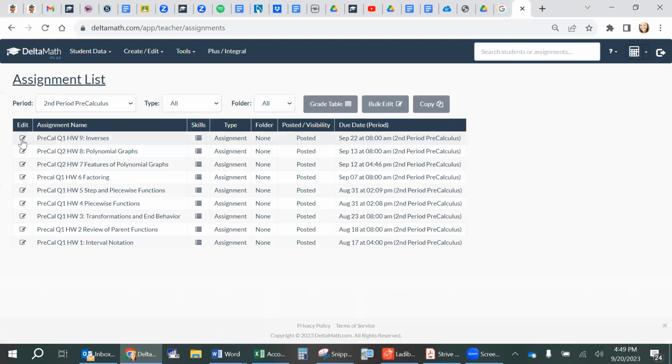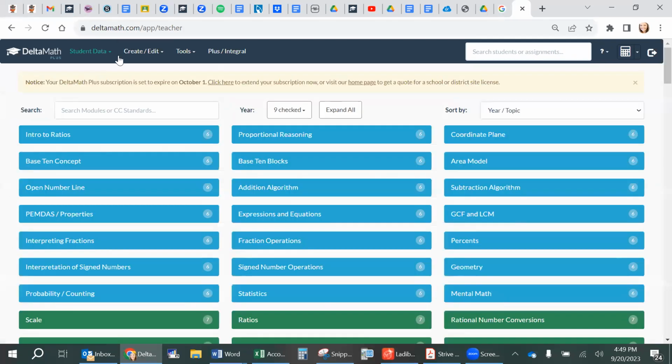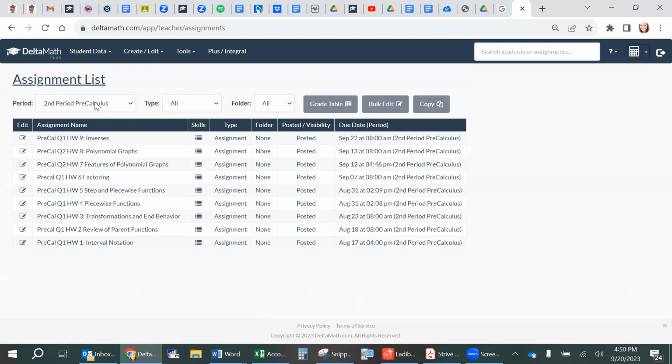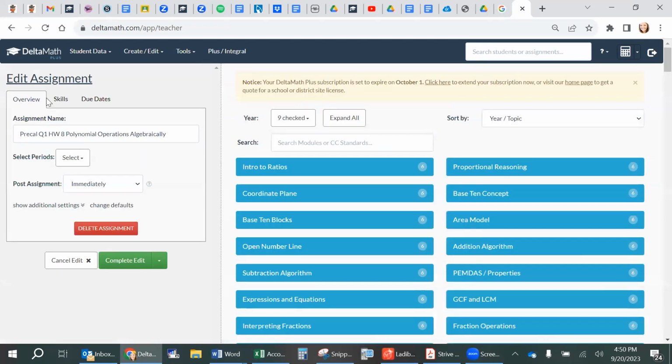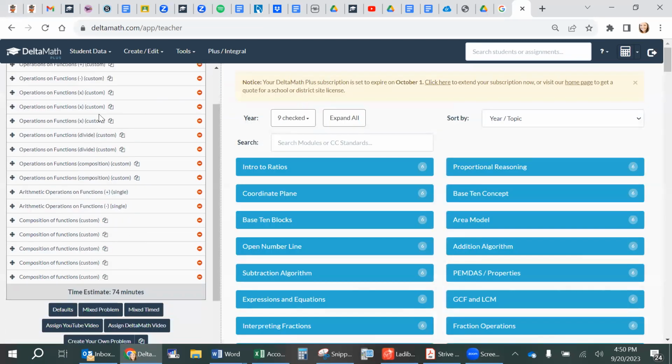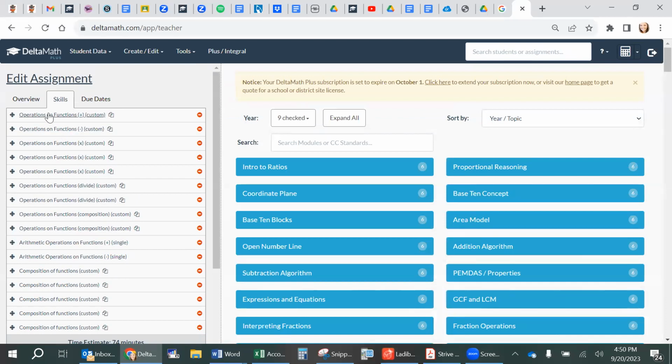Okay, your assignment for today is not listed. Hang on one second. Your assignment should be polynomial operations algebraically. And then you'll notice this looks kind of long, but a lot of them you're just looking at the graph, okay?